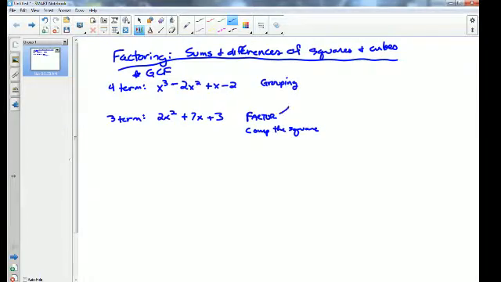Yeah, that would be a part of factoring. Okay. Quadratic formula. Graphing. Can we graph these?